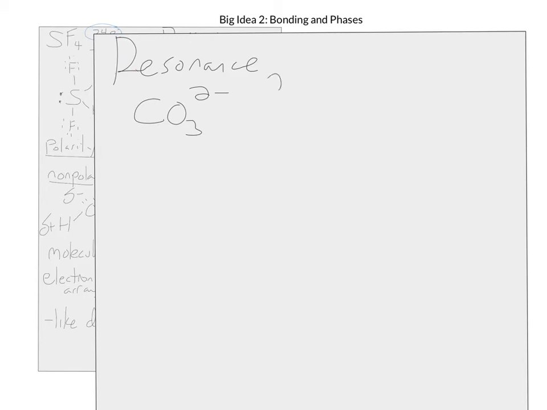This has 24 electrons with those extra 2, and 4 atoms requiring 8 electrons each gives me 32 to fill the octets, for a difference of 8 that need to be shared, 2 electrons per bond, so we can kind of see that this has 4 bonds.